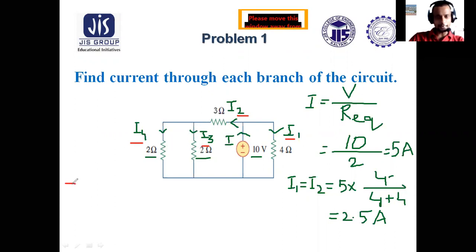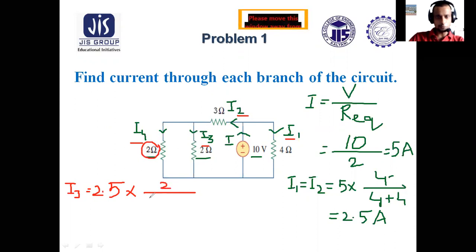So as per current divider rule, I3 equals, total current I2. I3 is the divided current of I2. So I2 is 2.5 ampere. We're finding current through this 2 ohm. So this one is the opposite resistance, 2.